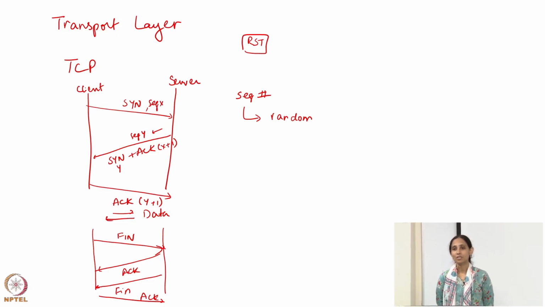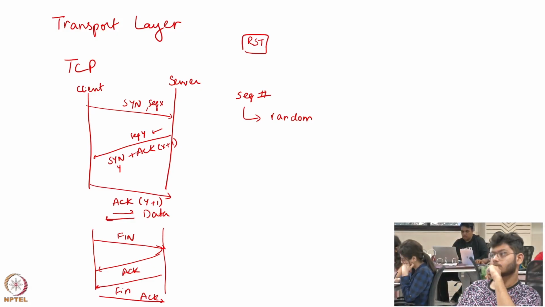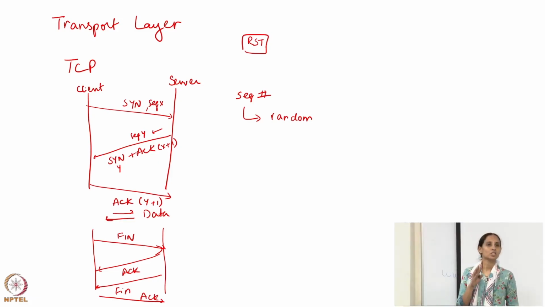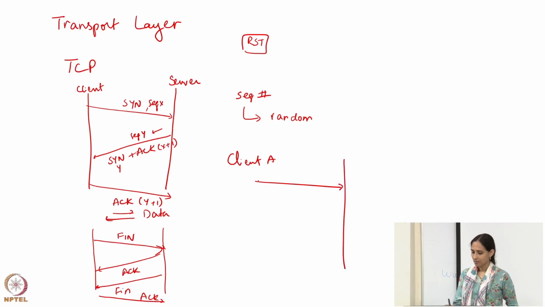So the answer is that you want it to be random so that two connections' packets don't get merged with each other. Often what happens is there is a client A that establishes a connection with B, and it chose, let us say, to start from sequence number 0.